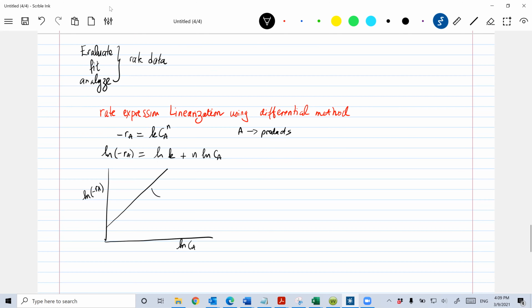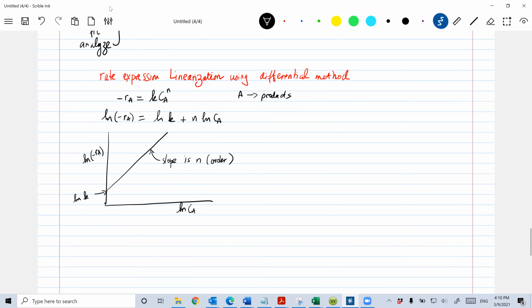And the slope of that line is n, which is the order of that reactant, right? And the intercept is natural log of k, where you can calculate k. So it's very straightforward to linearize a power law.